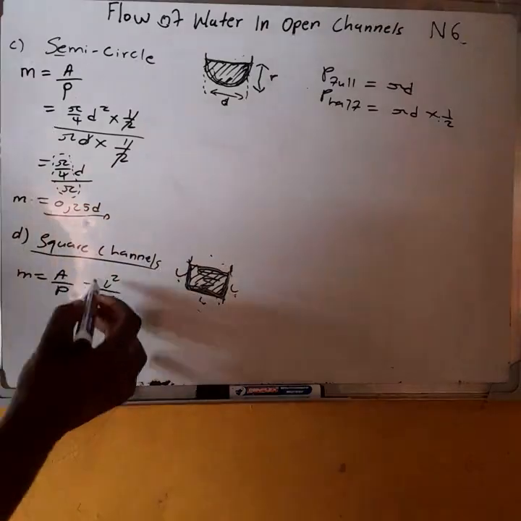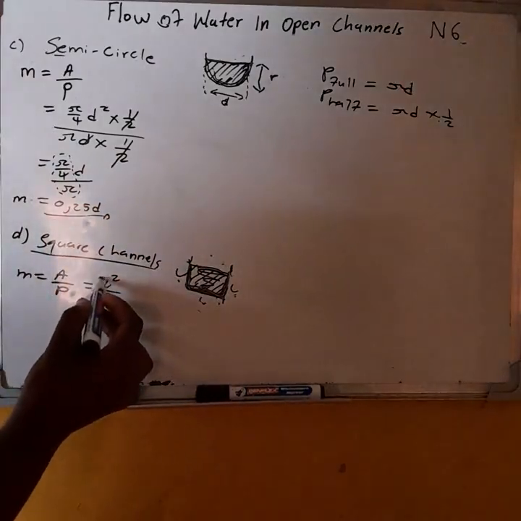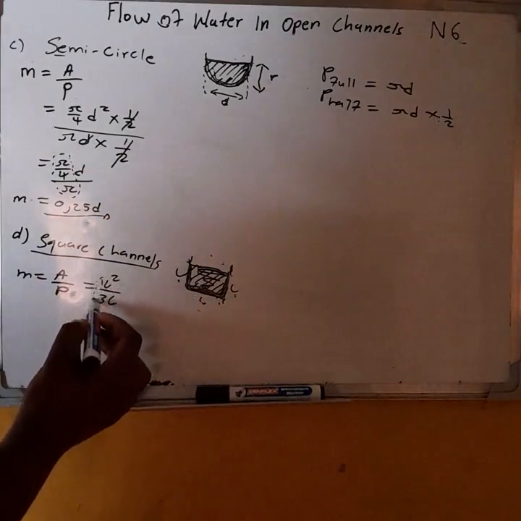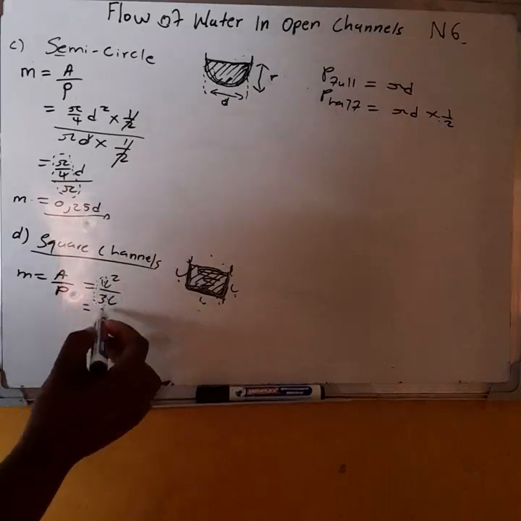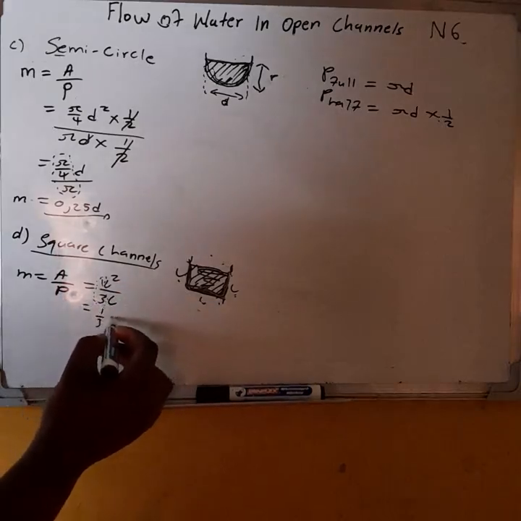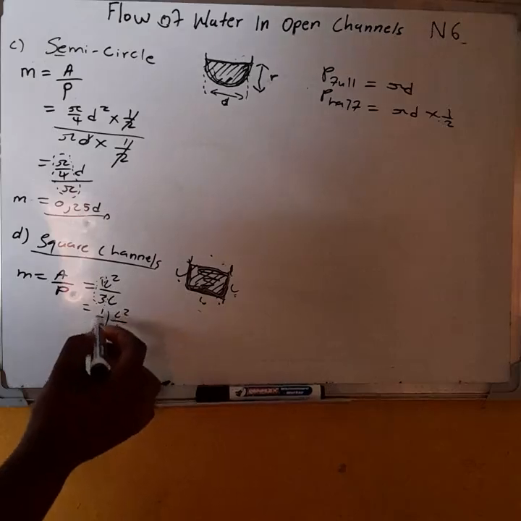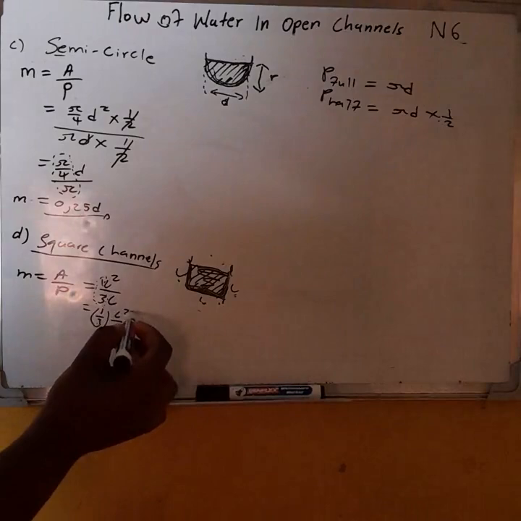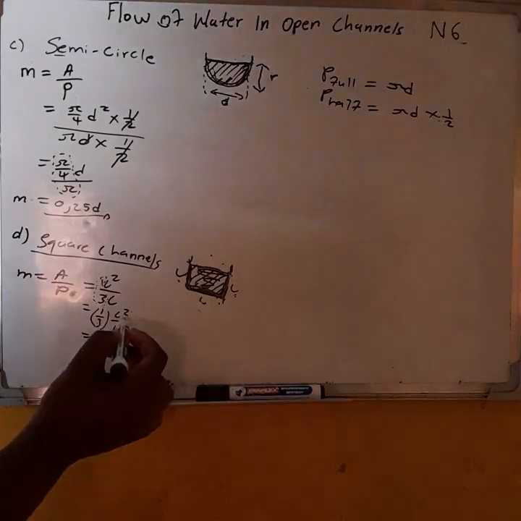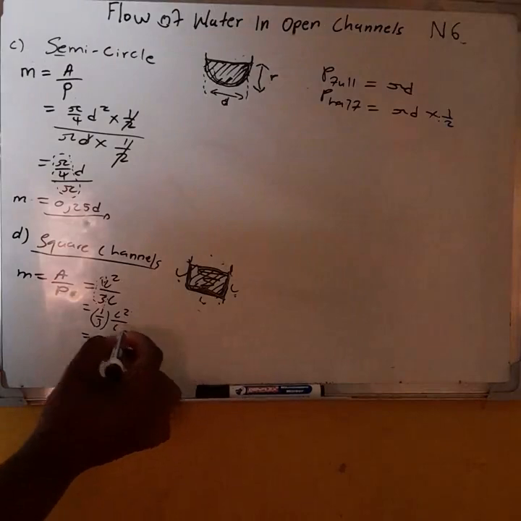When you apply this, it's 1 here. You can punch this on your calculator. This is the same as 1 over 3 times L squared over L. Mathematically, you subtract the exponents. You're supposed to get 0.333.